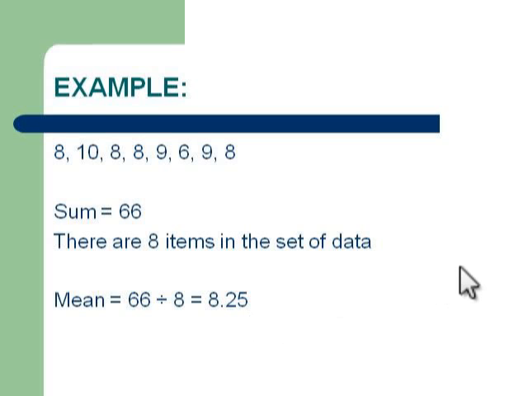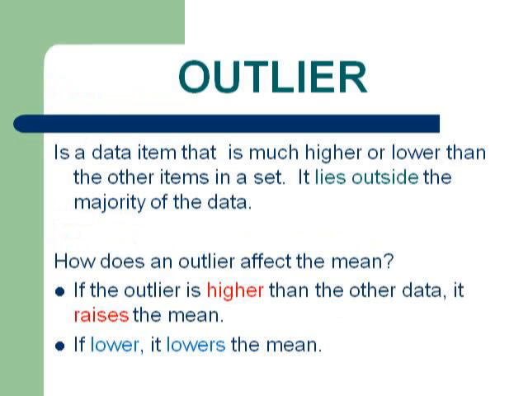All right. Now, another vocabulary word is outlier. An outlier is a data item that is much higher or lower than the other items in the set. In other words, it lies outside where the majority of the data is.